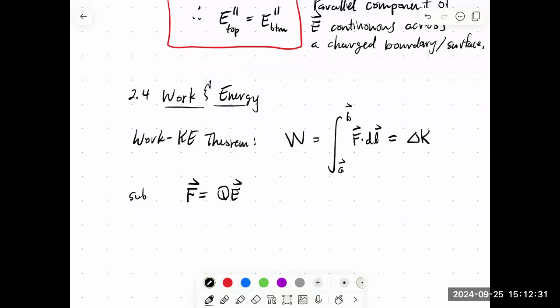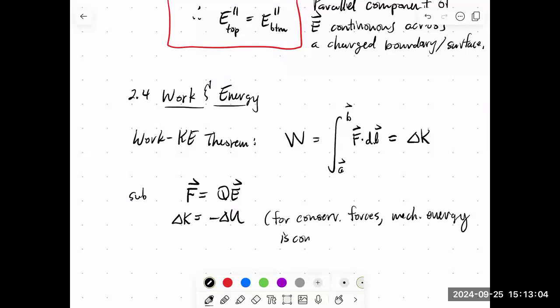So all I can do is convert some potential energy into kinetic and kinetic back into potential, like so. So conservation of mechanical energy requires that the change in kinetic is equal to minus the change in potential. So this is for conservative forces, the mechanical energy is conserved.